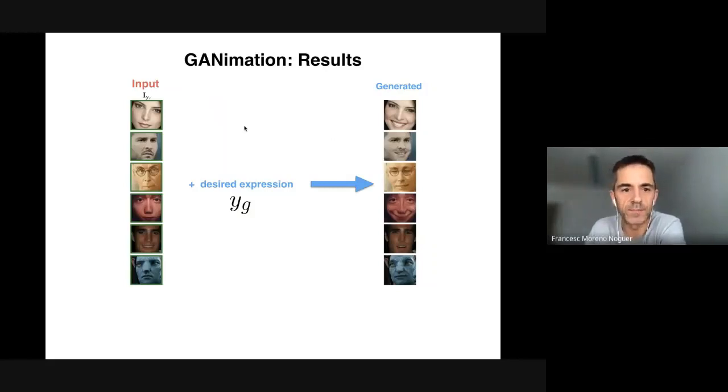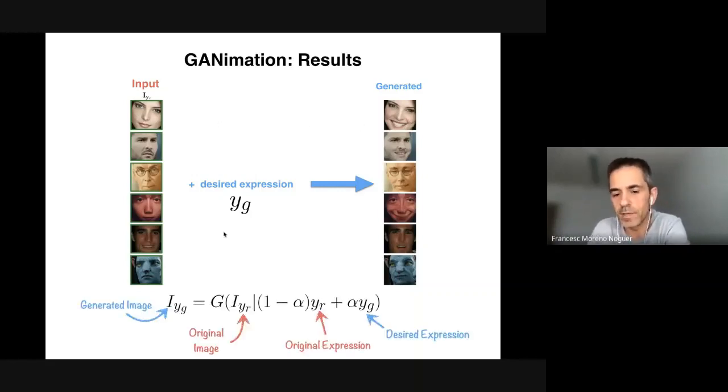We have the input image, the desired expression, which is basically a vector, and the generated image. But how can we smoothly transition between these two expressions? By simply computing a weight between the original expression and the desired expression.